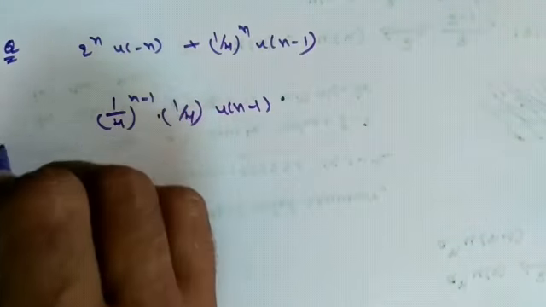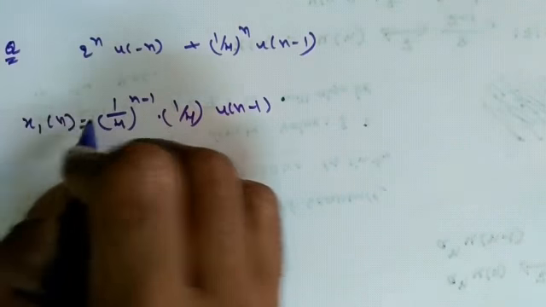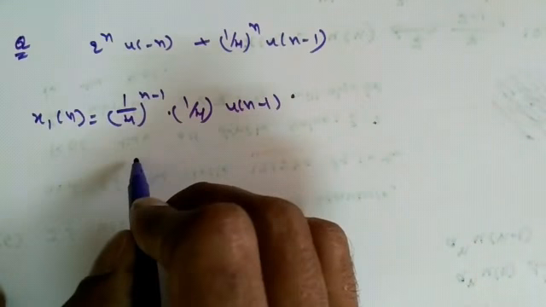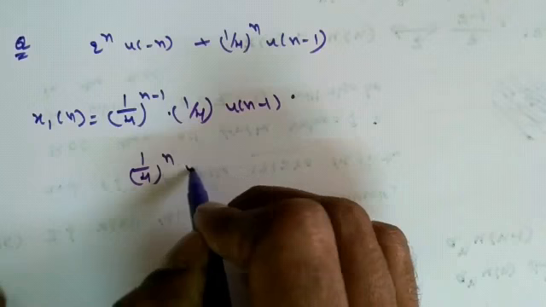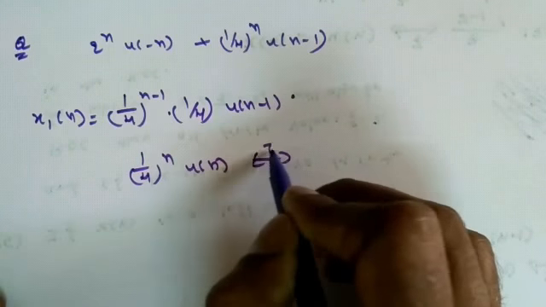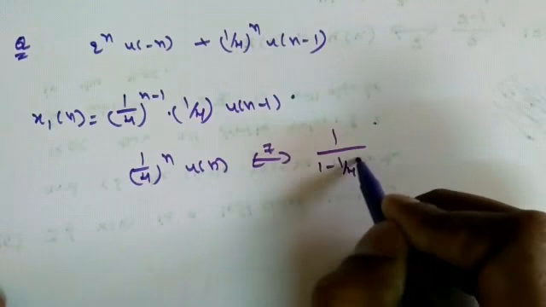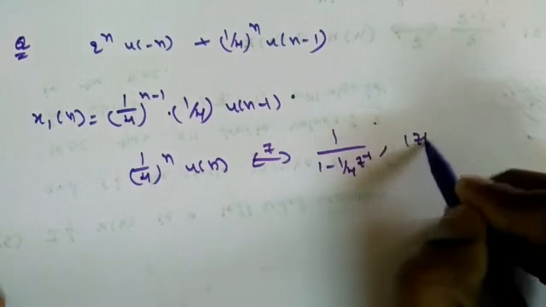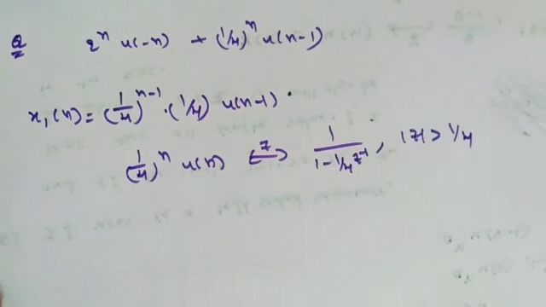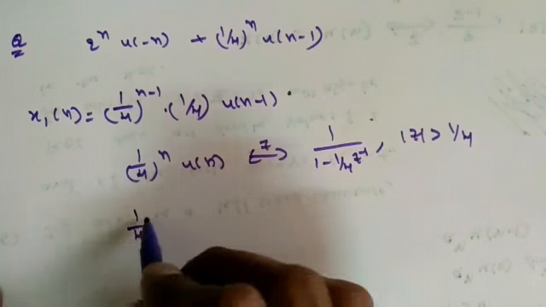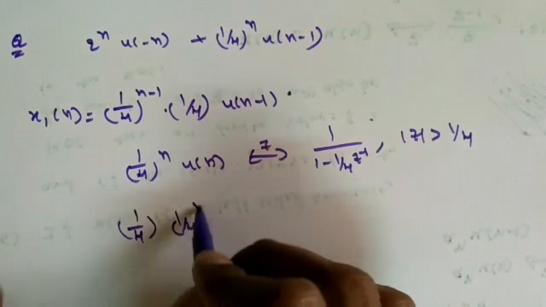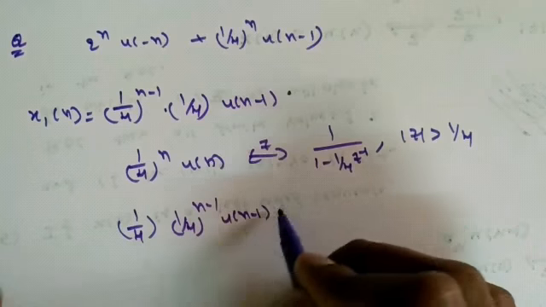Now this is some x1 of n. Now what is the Z transform? So we'll go 1 by 4 power n u of n. So what is the Z transform? 1 by 1 minus 1 by 4 Z inverse, and the ROC is mod Z is greater than 1 by 4. Now when we shift, it will become 1 by 4 n minus 1 u of n minus 1.